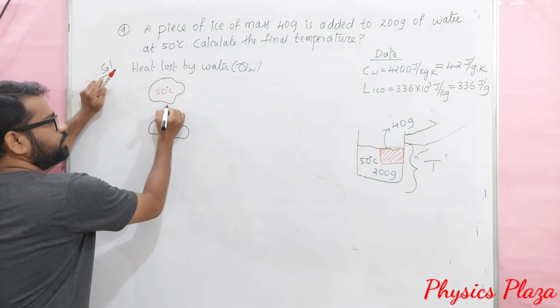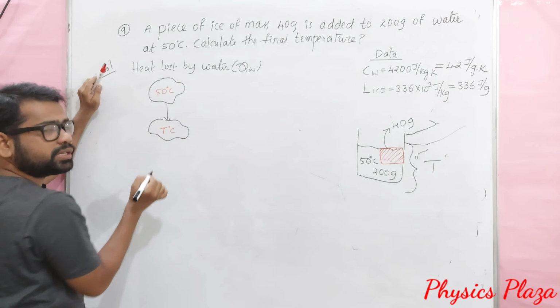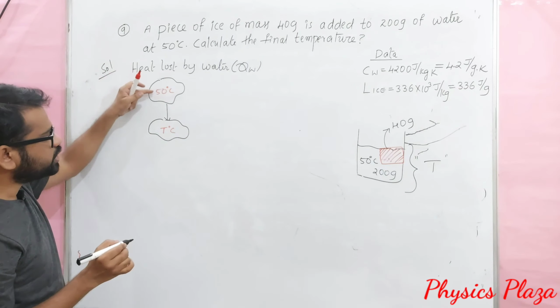Look at here, 50 degrees Celsius water to T degrees Celsius water means there is no change in state, rather only a change in the temperature.